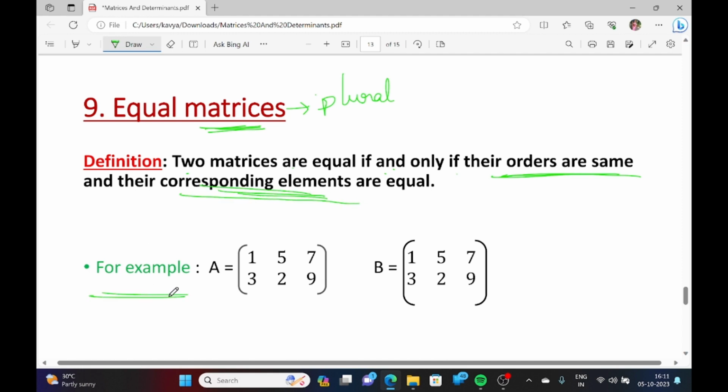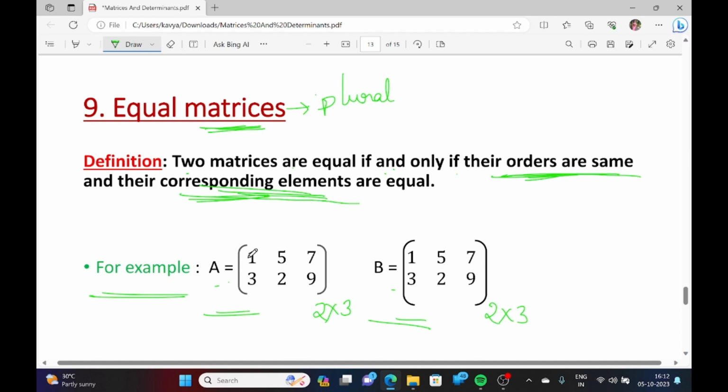For example, here we have two matrices, matrix A and matrix B. What is the order of this matrix? That is 2 cross 3, right? Here also we have 2 cross 3 order. First of all, the orders match. Then we have to see the corresponding elements.